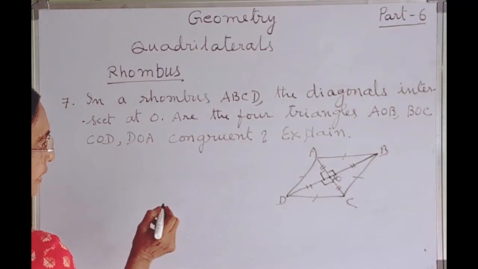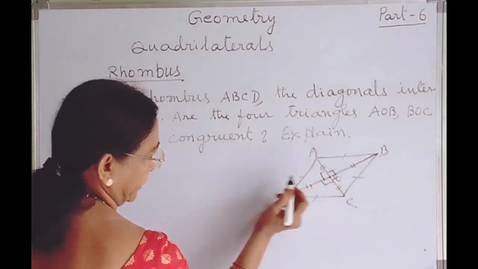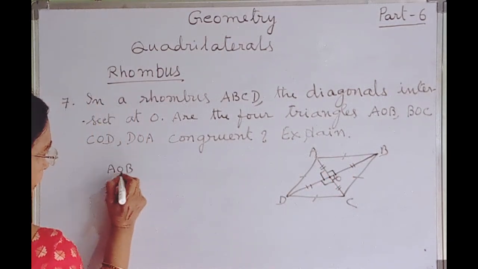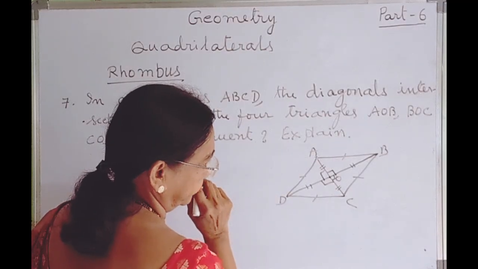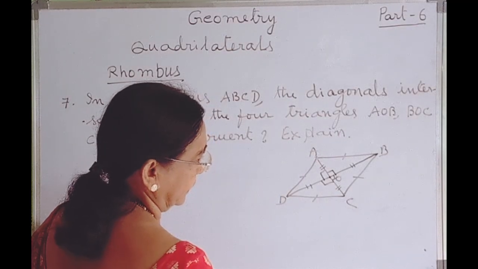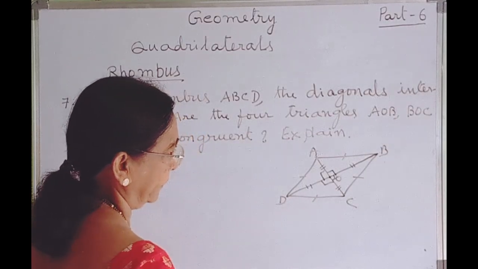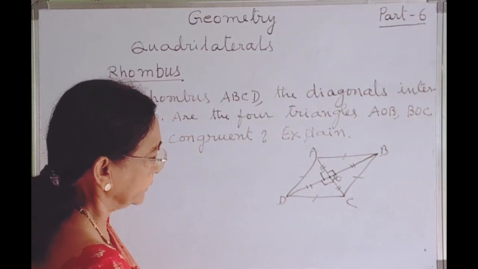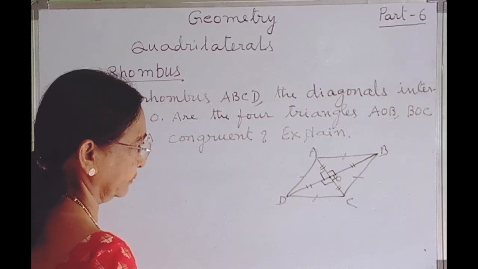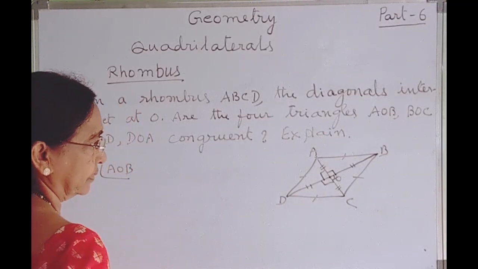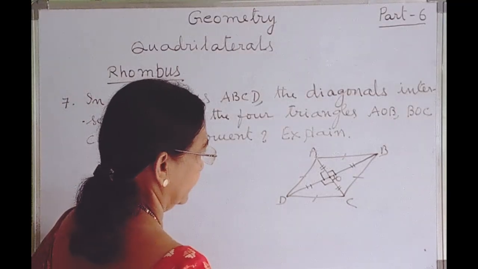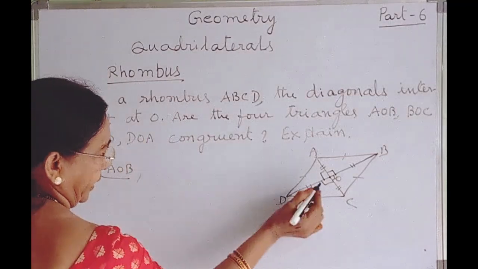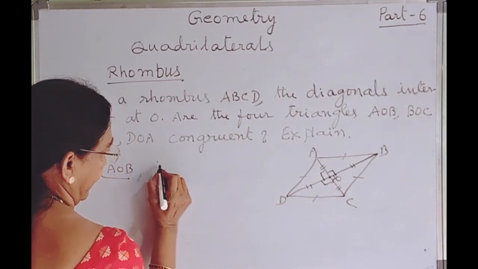Let us write the triangles. In AOB, angle at O is 90 degrees.